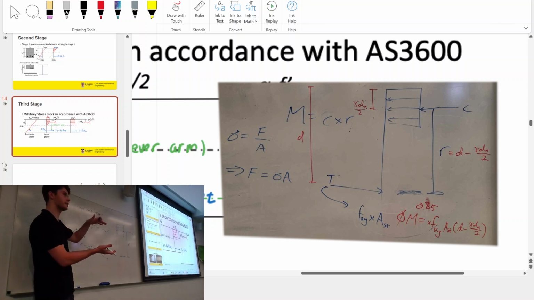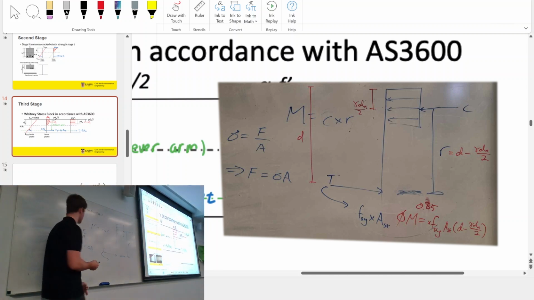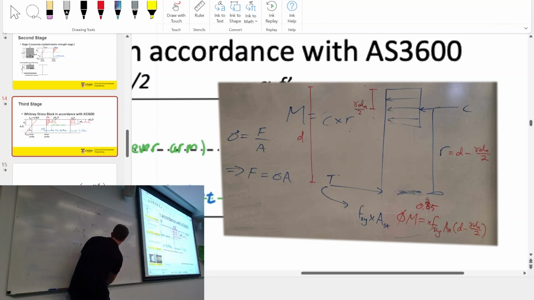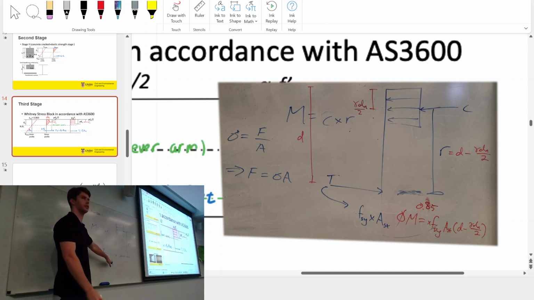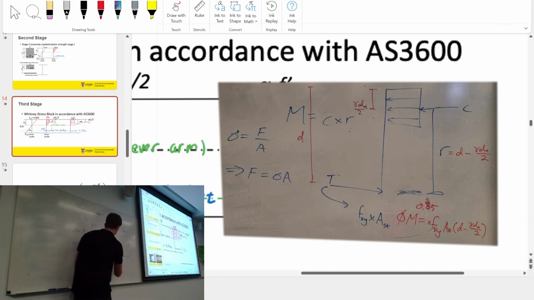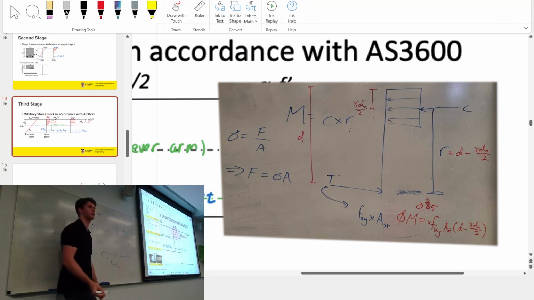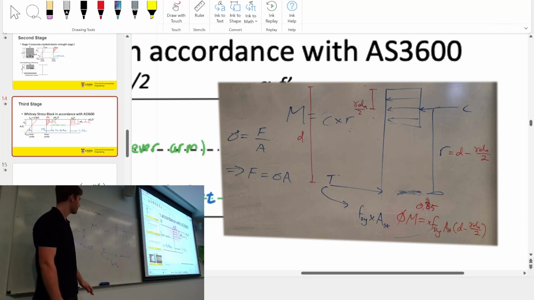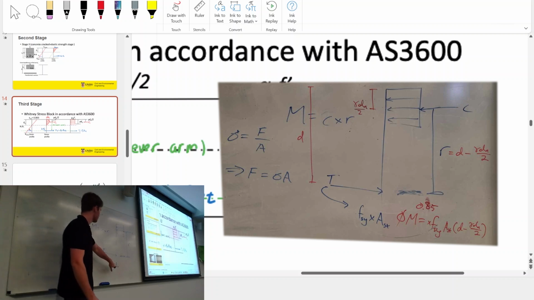And if I'm looking at the capacity of this concrete section, I'm going to be looking at the yield stress of the steel. So in this case, it's going to be fsy, which is just the yield stress of steel. Don't worry about the notation so much, times the amount of steel that's in there, which we call Ast. That's all that is, right? So that's the force going through there.